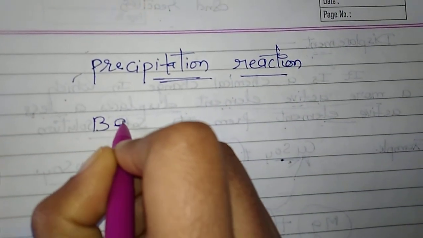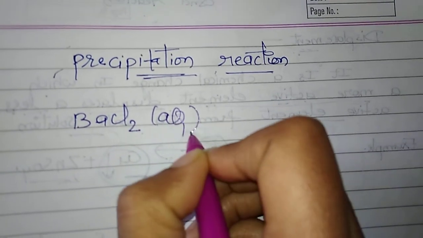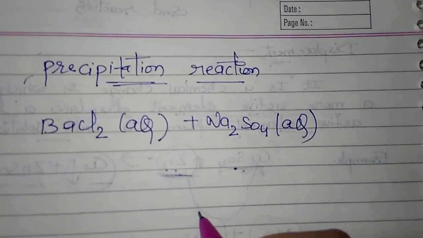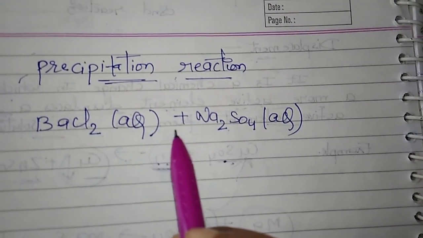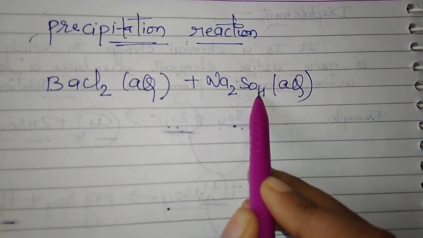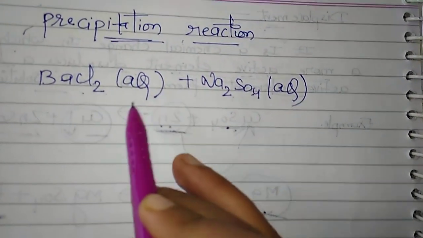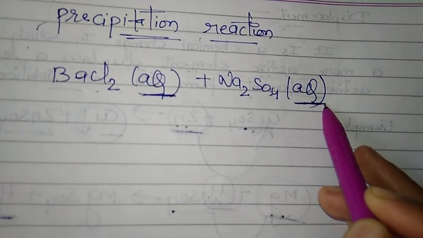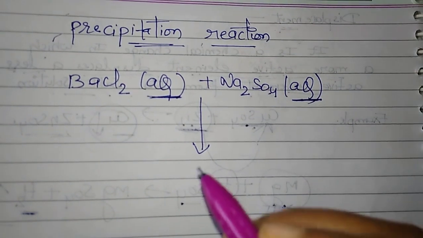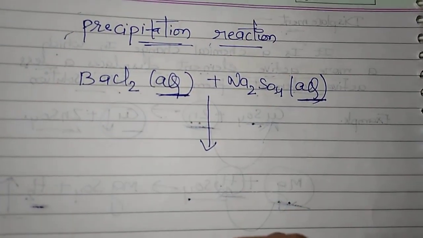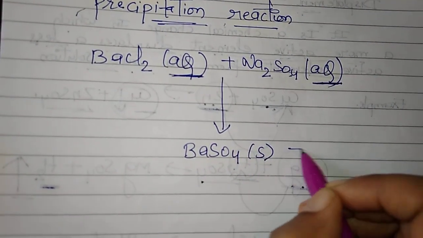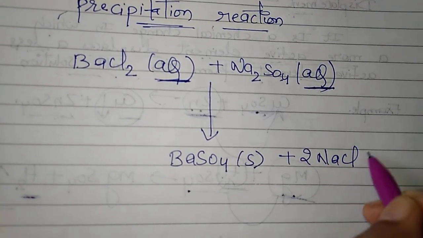You can take a chemical reaction. This one is in aqueous form, Na2SO4, this one is also in aqueous form. Now, according to the precipitation reaction definition, a chemical reaction in which two compounds in their aqueous state react to form an insoluble salt as one of the products: BaSO4 plus 2NaCl.